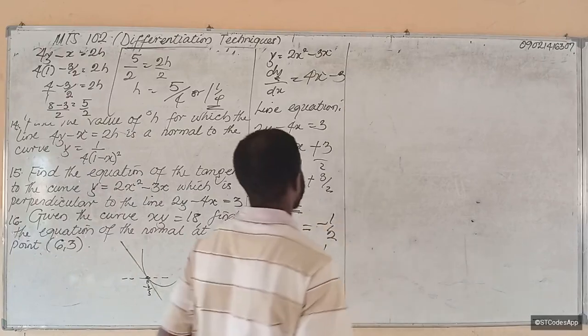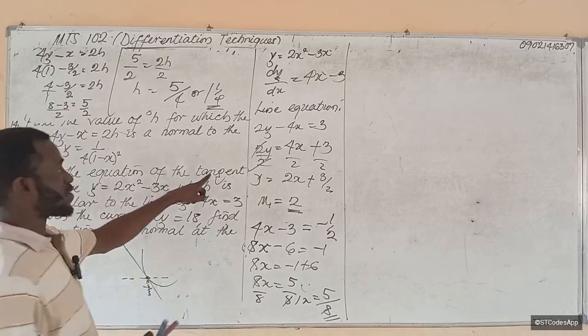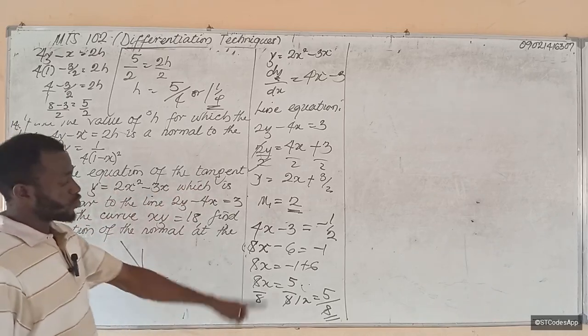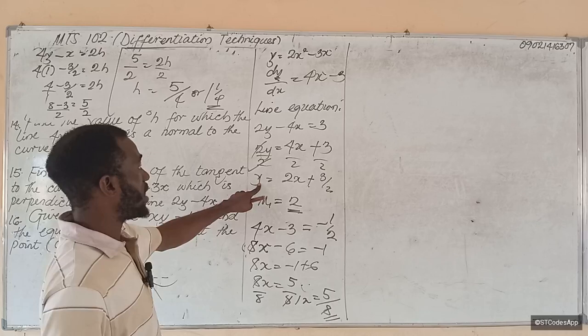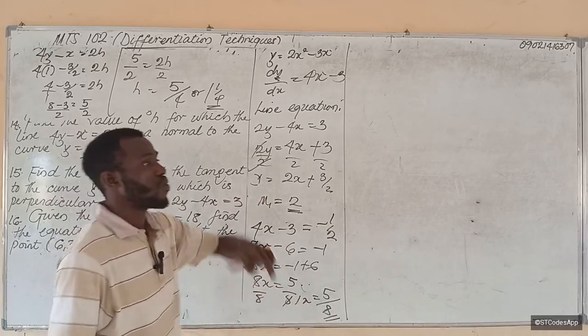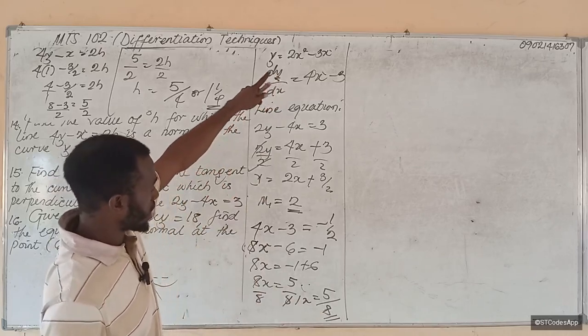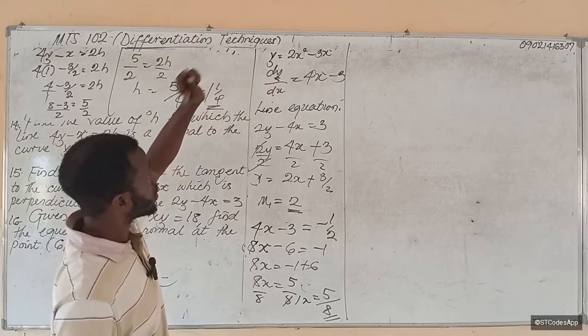So with that, we have the value of our x. You remember we are looking for the equation of tangent. So we need to find y. What will be our y at this point? We will go and substitute the value for x into the original equation.